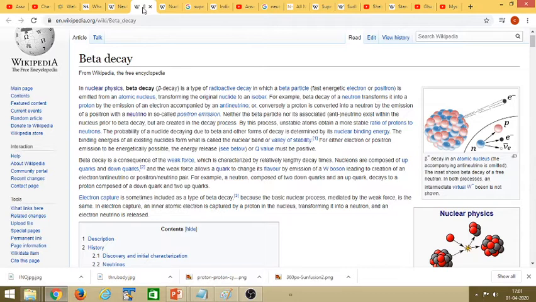In the positive beta decay, it gives out a positron. In the negative, it gives out an electron. So we can see right here, this would be a negative beta decay, where a neutron converts to a proton via an emission of an electron and an anti-electron neutrino.